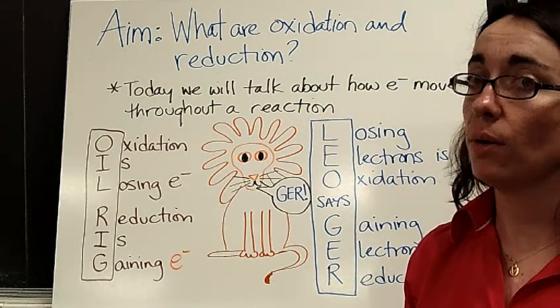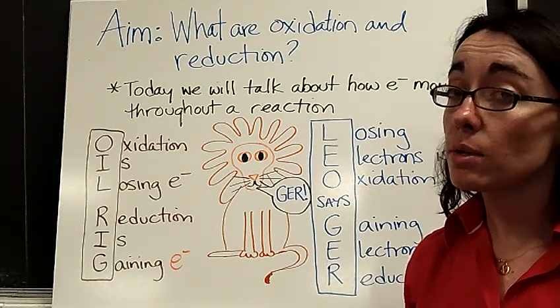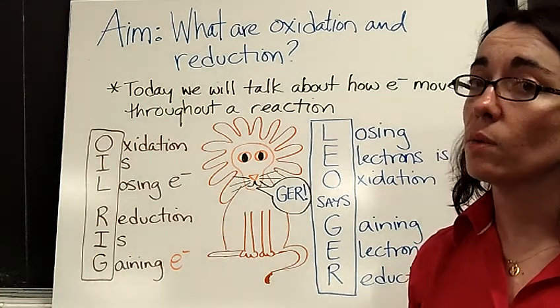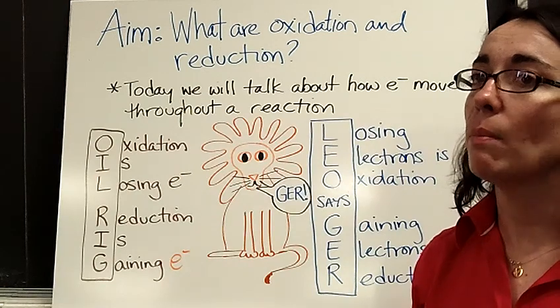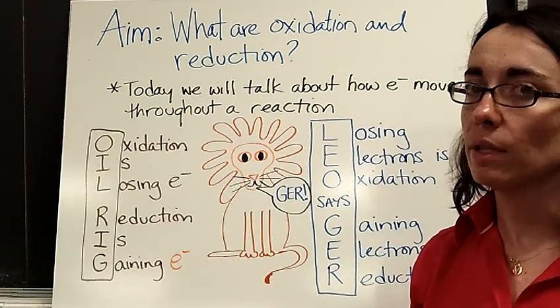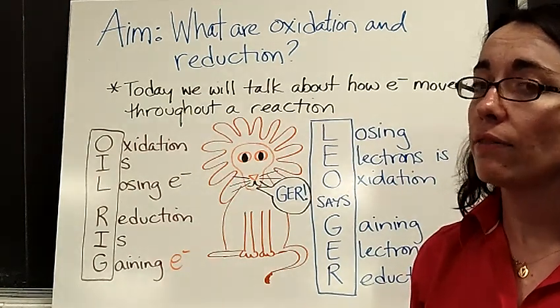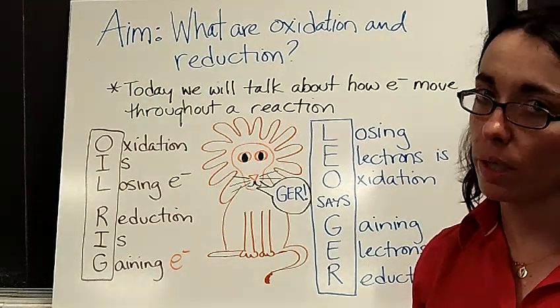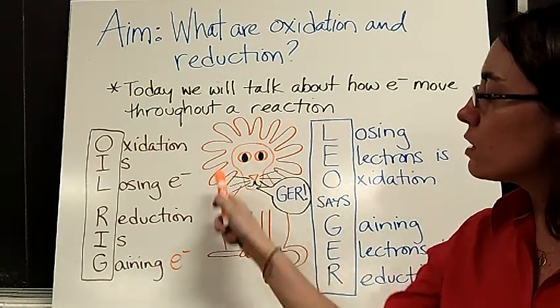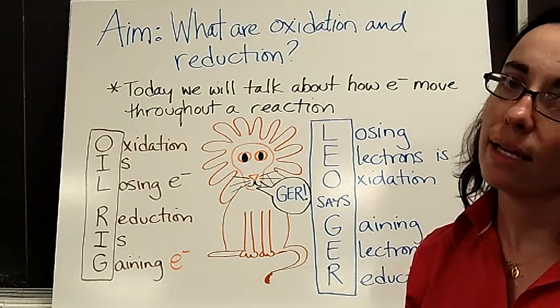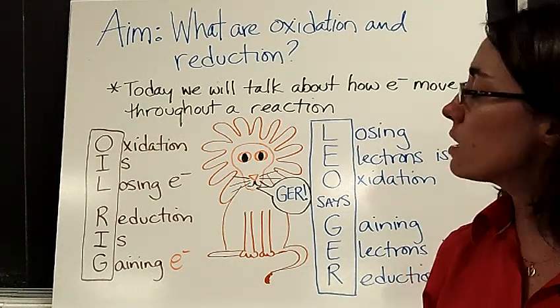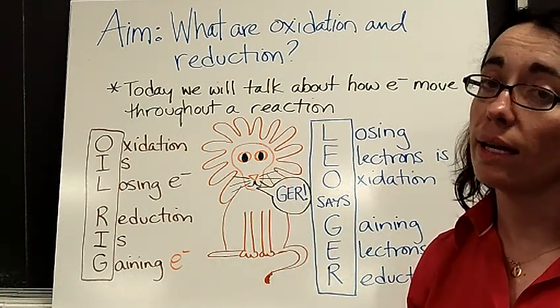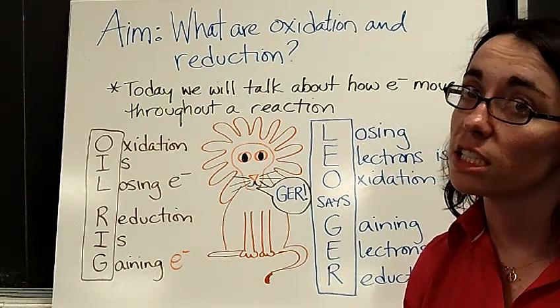Now, the mnemonic device that I was taught when I was in high school is something that was very vivid because my chemistry teacher made it come alive. This is the one that I have come to favor, but either one will work. You will see there's a gigantic diagram of a lion here in the center. That's because my friend here, Leo the lion, says grrr.